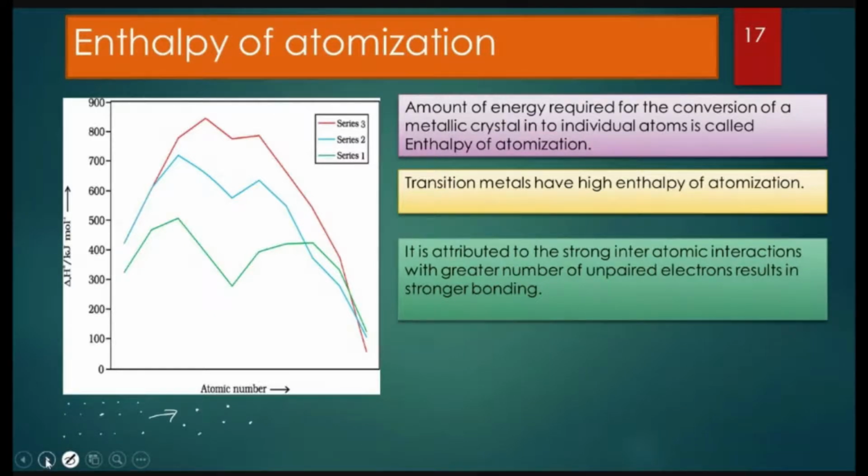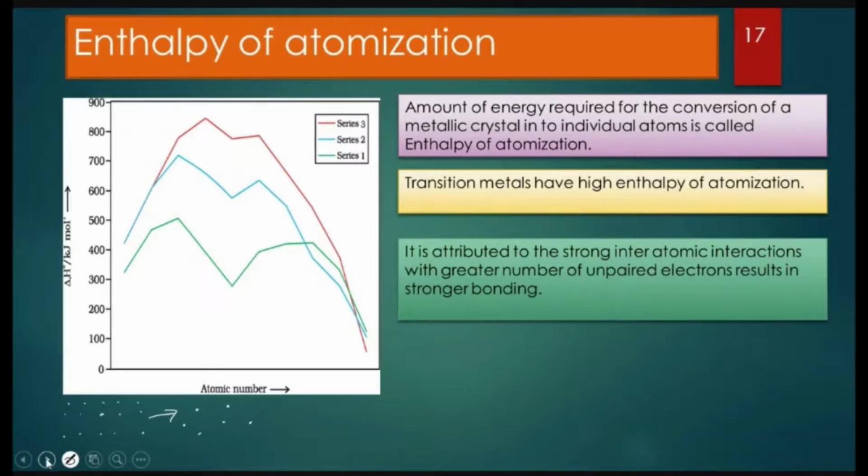That is why we say transition metals have high enthalpy of atomization. As we move down the series, from the first transition series to the second, and second to third, the availability of the number of unpaired electrons increases, which leads to strong interatomic interactions and the formation of strong metal-metal bonds.